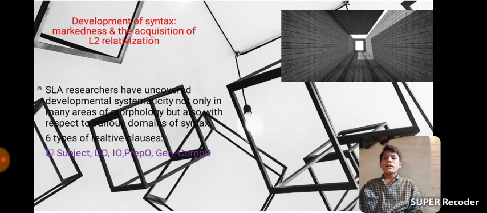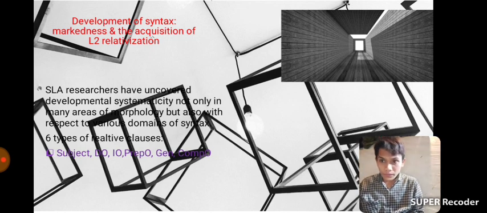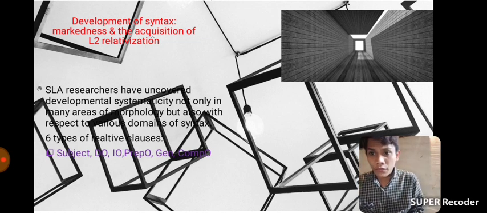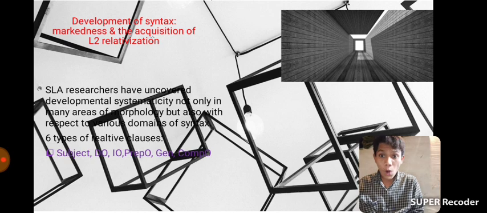Here, there are 6 types of relative clauses. The first is subject, the second is direct object, the third is indirect object, the fourth is object of preposition, the fifth is genitive, and the last is object of comparison.